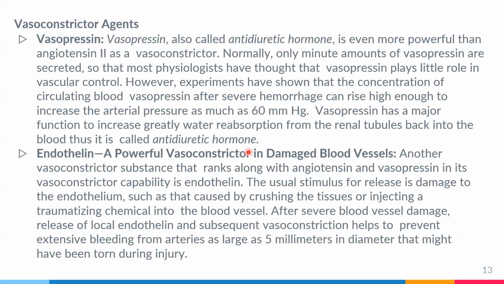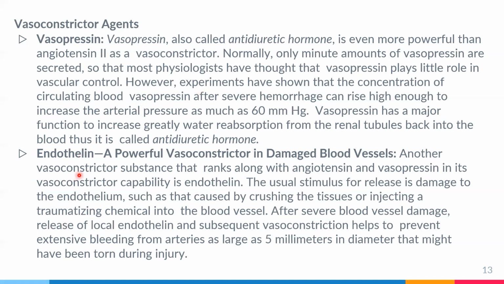When the water is reabsorbed back via the renal tubules into the blood flow, then the concentration of water in the urine severely decreases. This is the action of antidiuretic hormone. It decreases the water excreted out in our urine, and vasopressin is, as I said, an antidiuretic hormone.